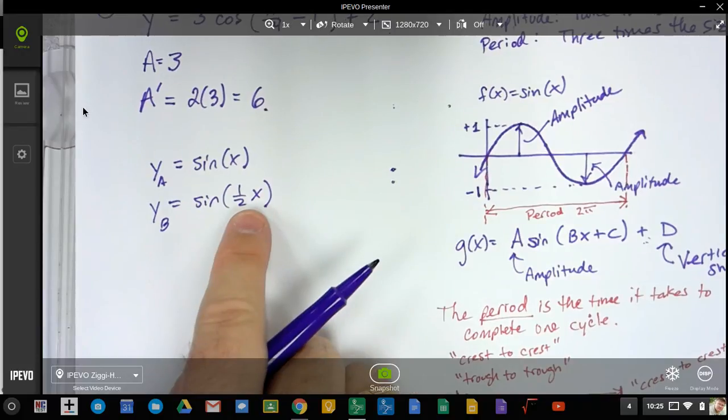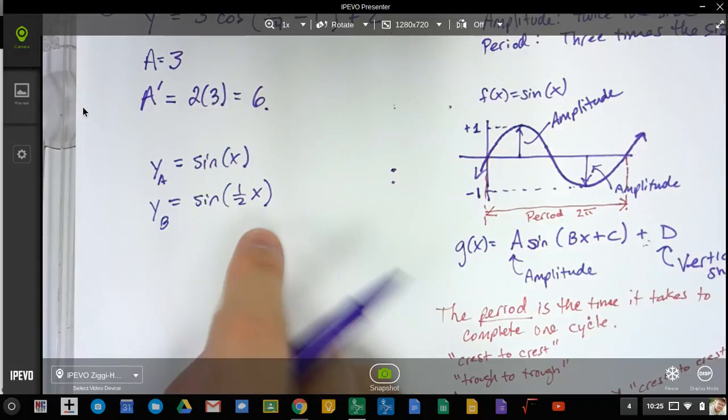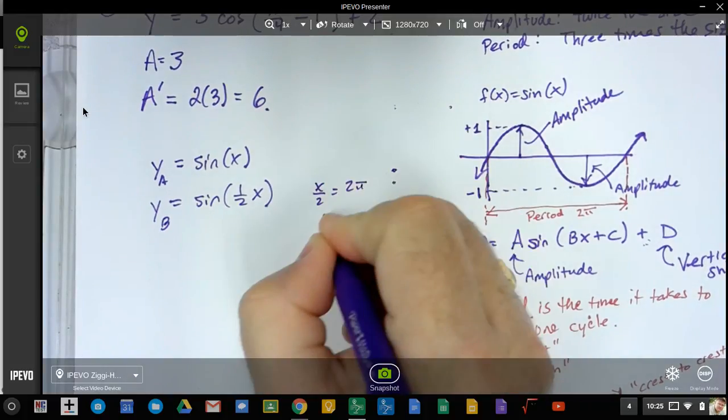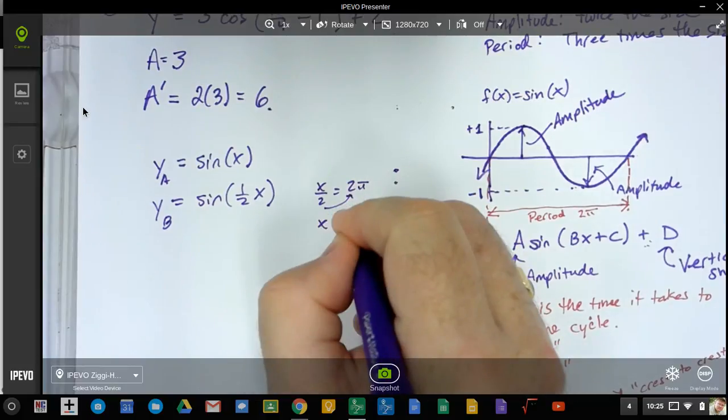Like, when does this one hit 2 pi? What value of x? Not 1/2. X over what is equal to 2 pi? Multiply up, I get x equal to 4 pi, right?